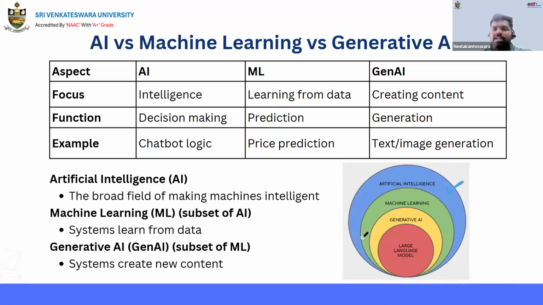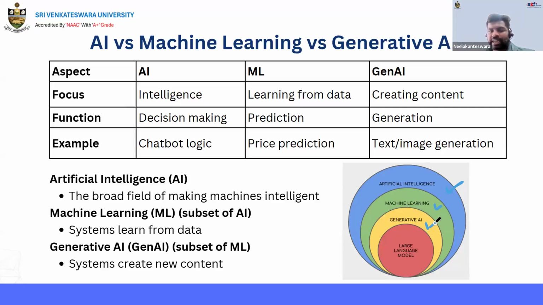Inside that we have machine learning, which I've already told you is the main important part, because with the help of machine learning, machines become intelligent. It is the heart of AI, where systems can learn from the data. And inside that we have generative AI.